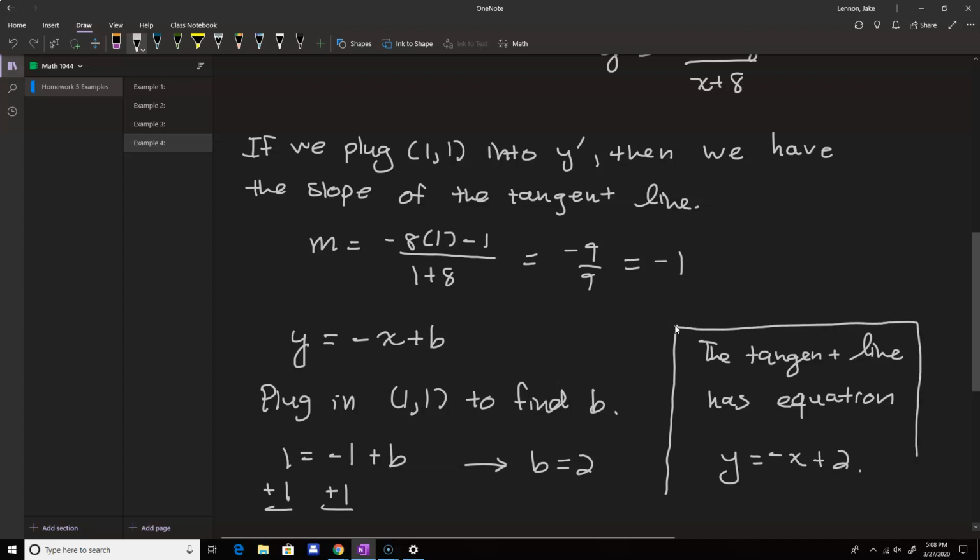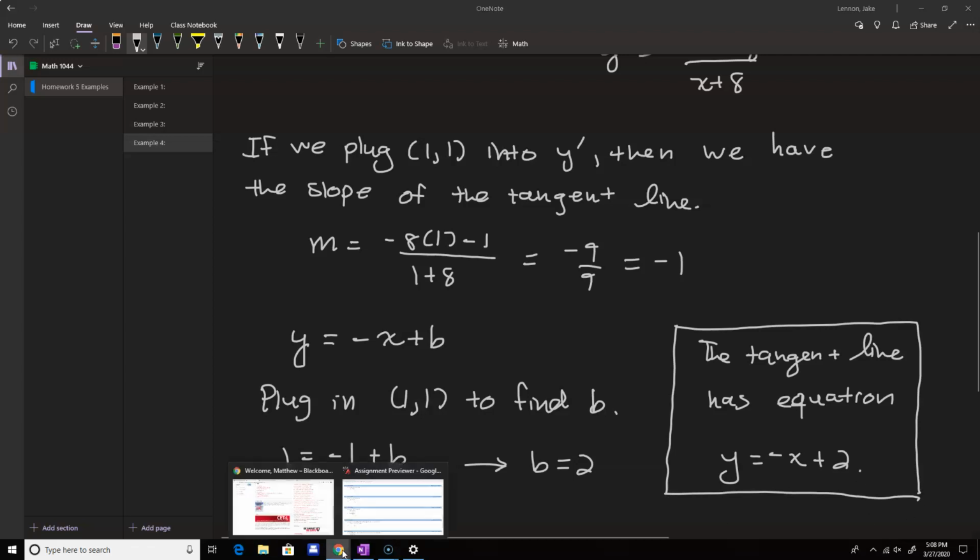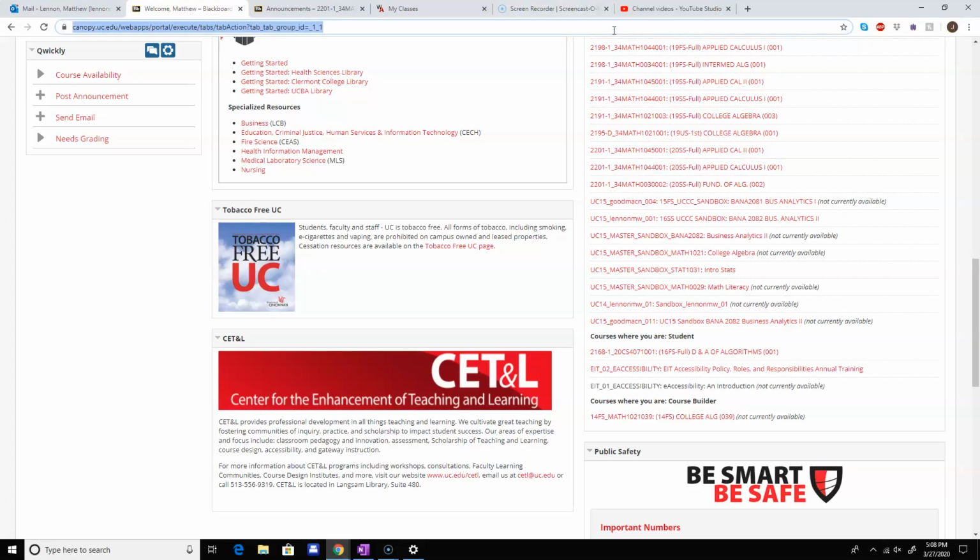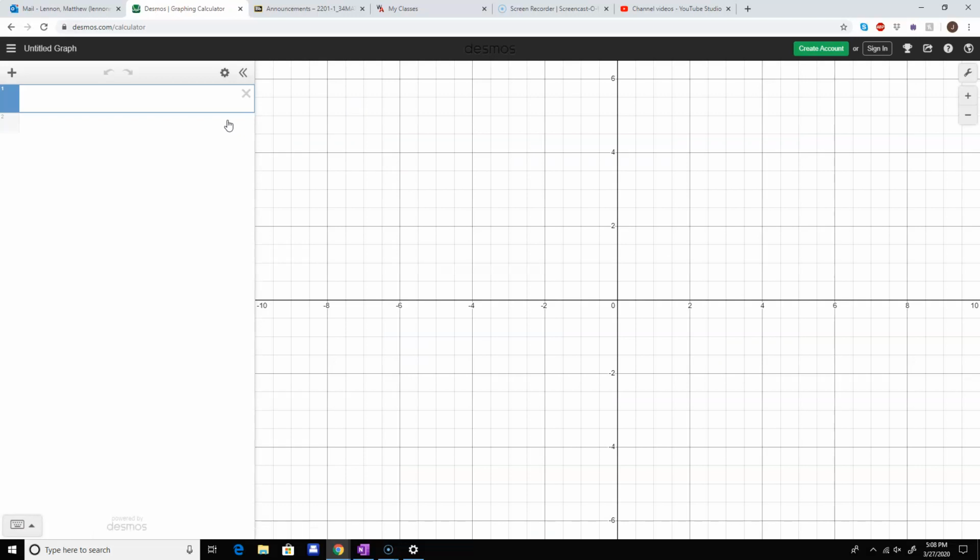And a lot of times when you have a function or a relation and a tangent line, I usually like to just check on some graphing utility that in fact it looks like it's tangent. So let's go ahead and do that. Let's go to Desmos, my favorite graphing utility, and try to plug those values in.